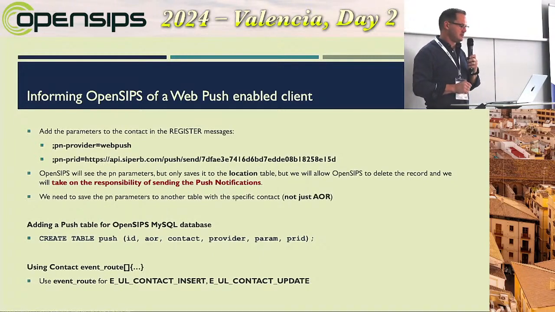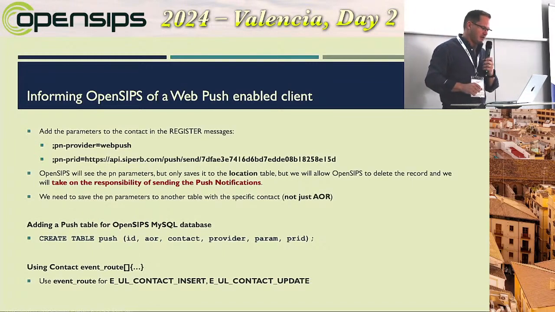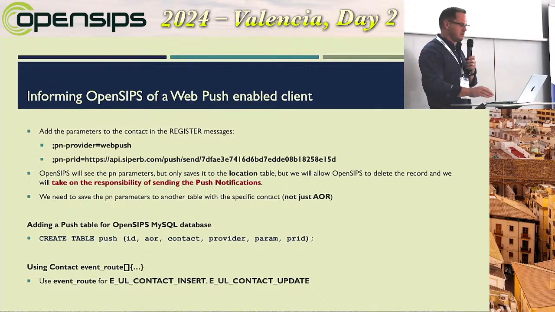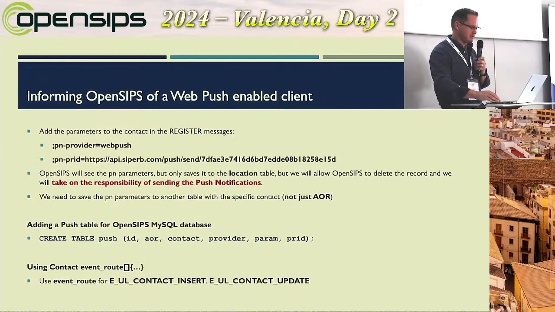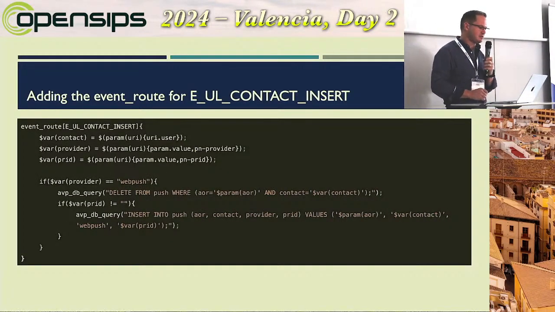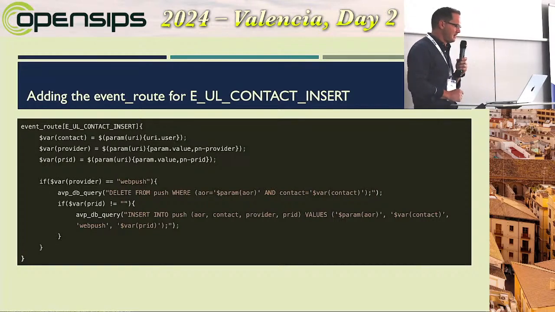All right? So we're going to have a look at event routes. Essentially the event routes that we're looking at are the insert and the update. So event routing, something standard in OpenSIPS, really nice. When a user registers, these events fire off. So have a look at the contact insert event route.